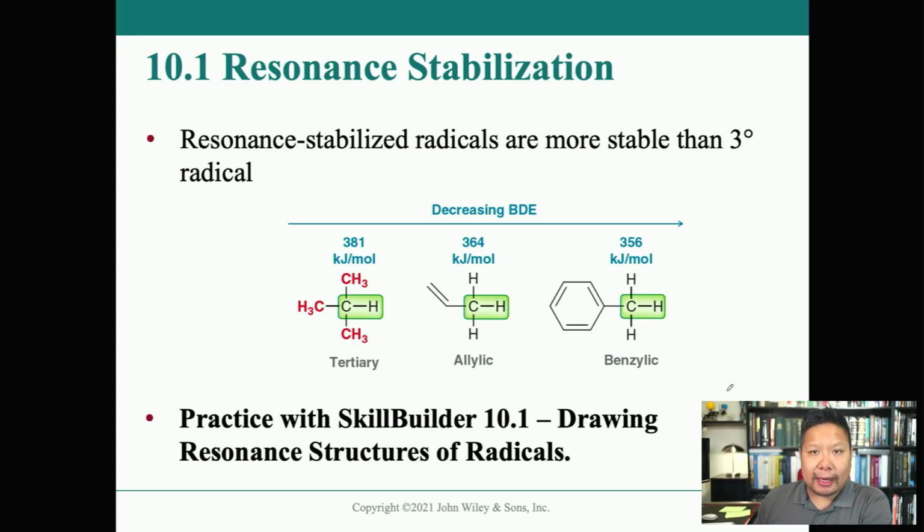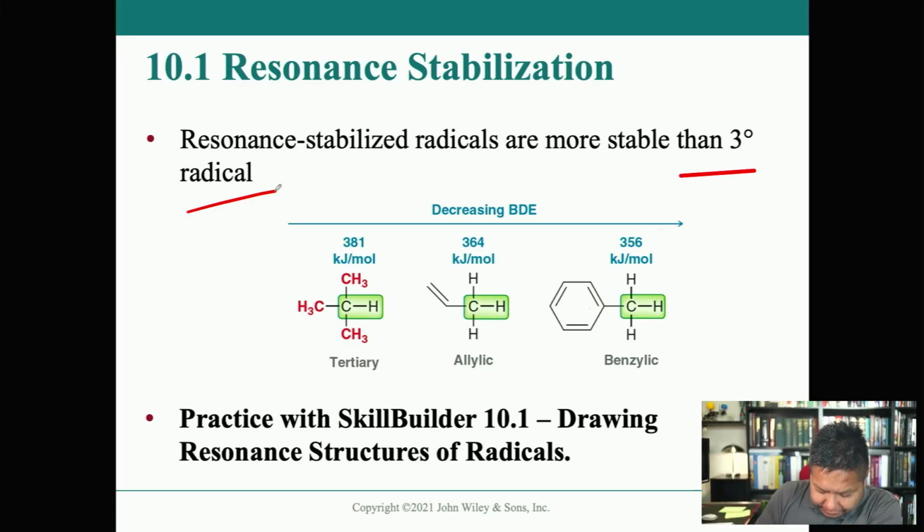So resonance stabilized radicals are more stable than tertiary radicals, which is actually the same trend that we had with carbocations. Remember, I was talking about carbocations before. Primaries are less stable than secondaries, which are less stable than tertiaries, and tertiary carbocations are the most stable unless you get a carbocation that is resonance stabilized.